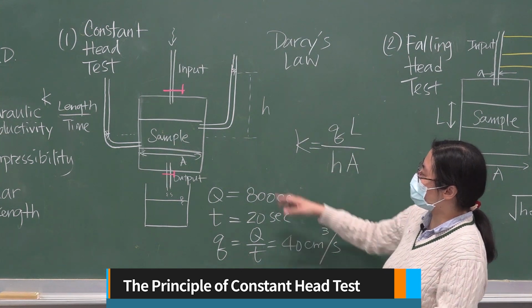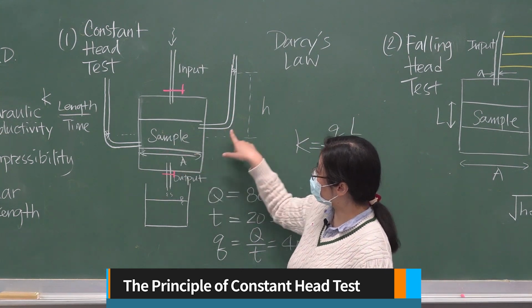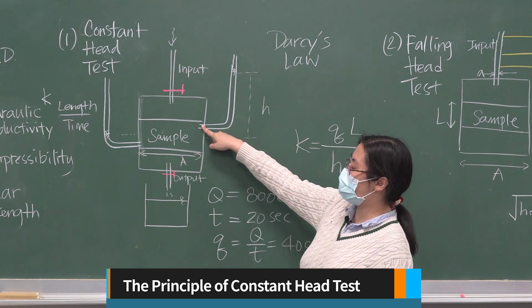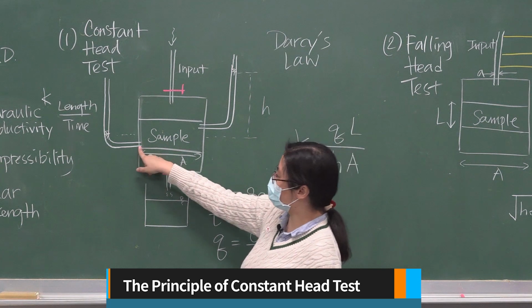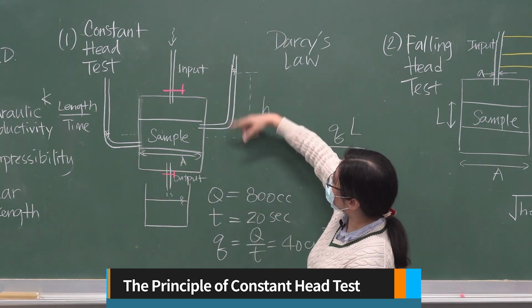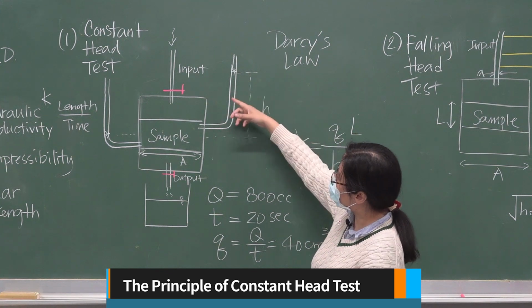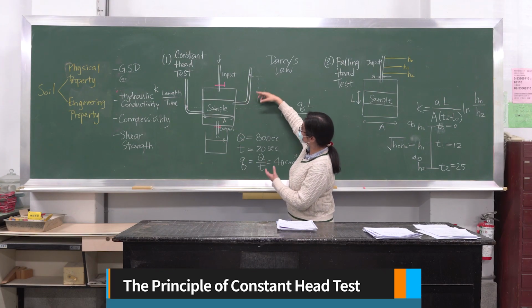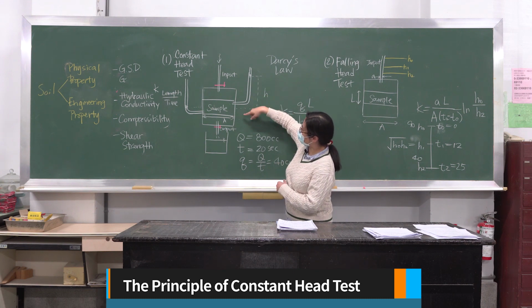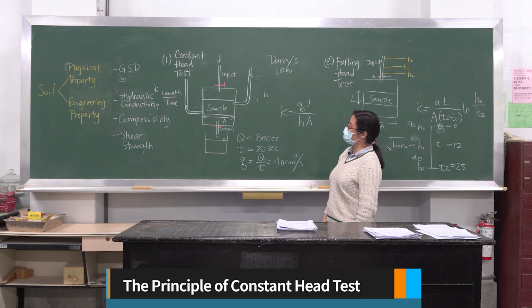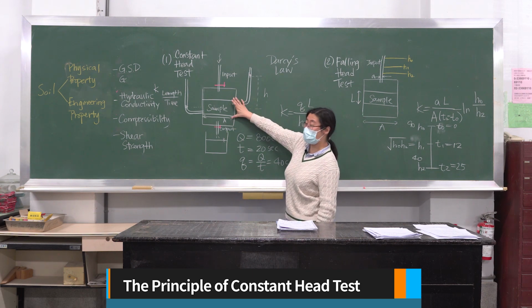So if you look at this graph here, the head corresponding to this location should be higher than the head corresponding to the bottom of the sample. If you look at the difference in the water level inside the manometers, you will see that the water levels are different, and the distance between the water levels is h, which is in fact equal to the head difference between these two points.